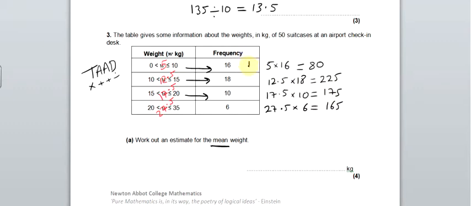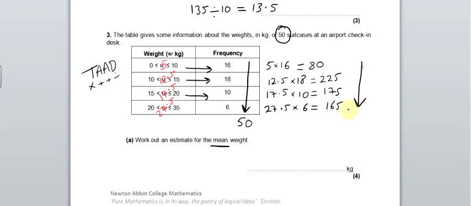Now we're going to do the adding. So we add down, so 16 and 18, that's 34, 44, 50, so that's 50 there. And actually it told us at the top here, so we can check ourselves there. And now we're going to do the other add, which is down here.